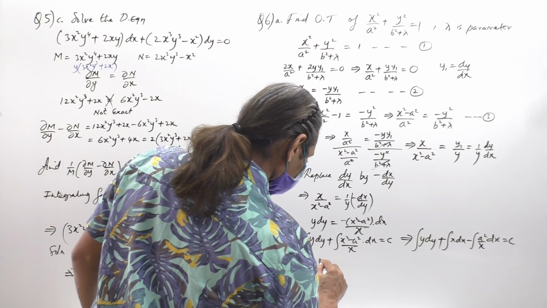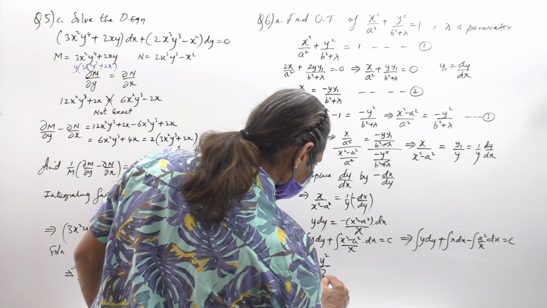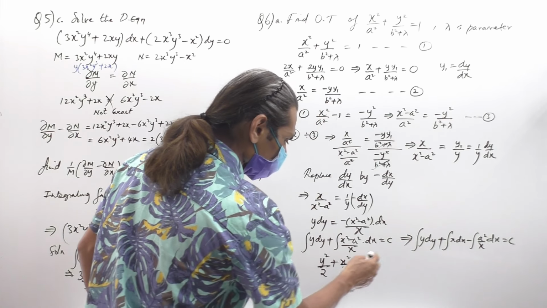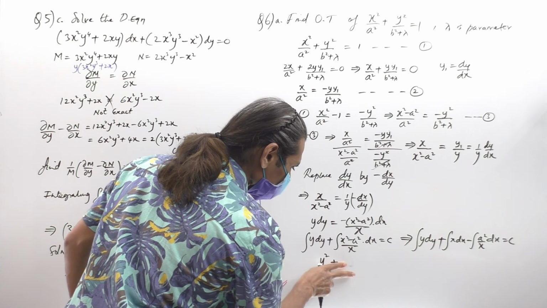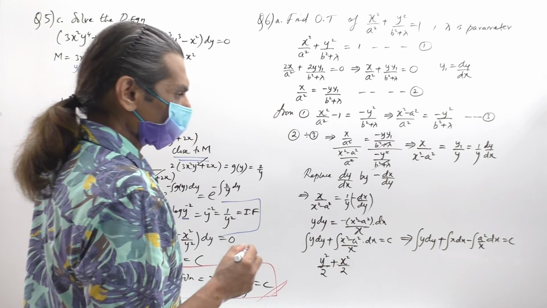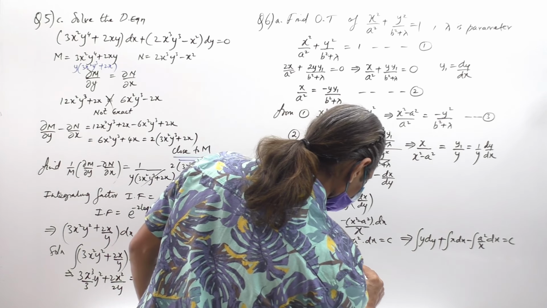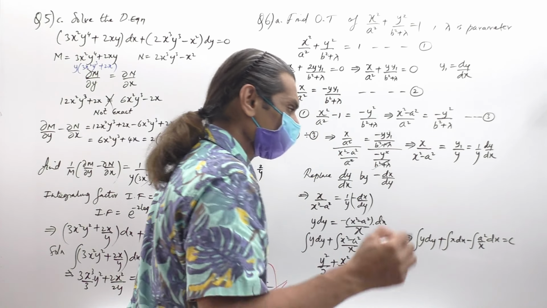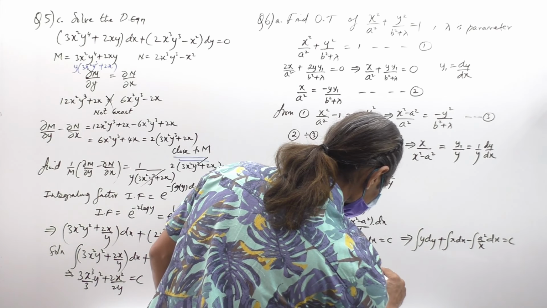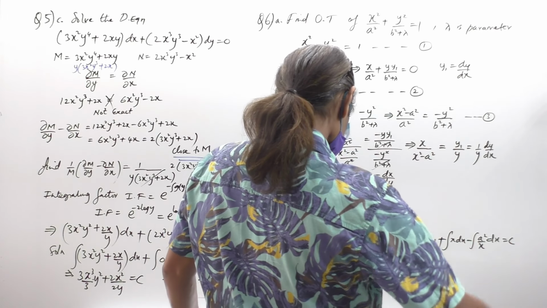So integration of y dy is y square by 2, plus integration of x is x square by 2, and minus a square times integration of 1 by x, which is log x, equals c. So that's the solution.